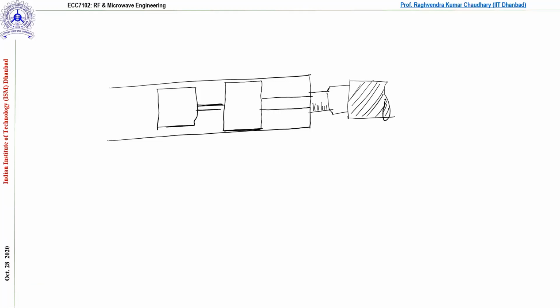Let us define some of the things. This is our waveguide dimension, this is B, correct? And of course this is Z dash, this is ZS.